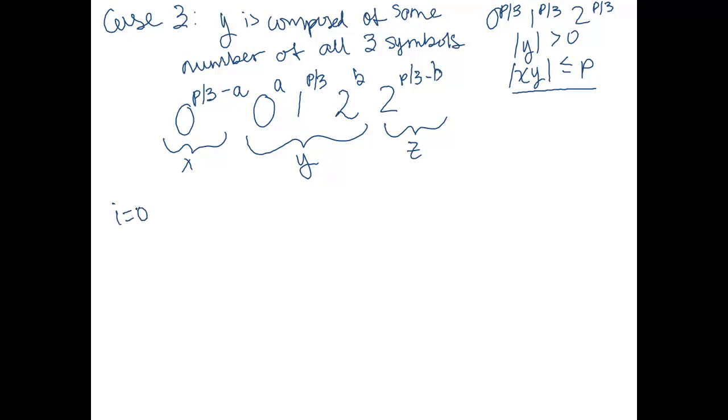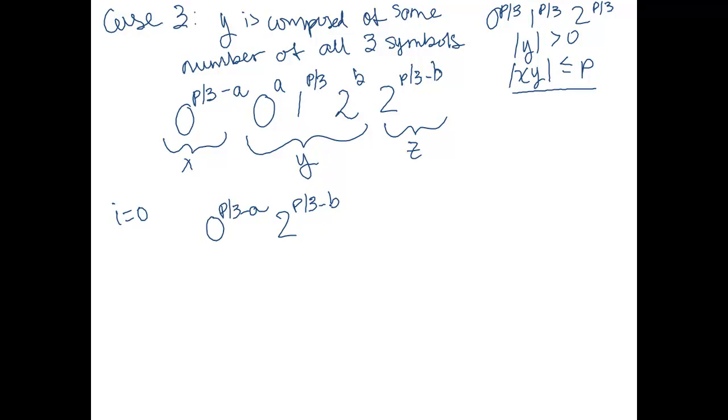Okay, so what I'm really saying is wipe out y. So I end up with 0 to the p divided by 3 minus a, 2 to the p divided by 3 minus b. Okay, so it looks here like all of my 1s are gone. I have the same number of zeros and 2s, but all of my 1s are gone. So why am I saying that this is a problem?